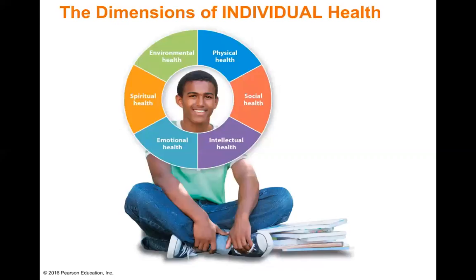How are you handling the ups and downs of life? And spiritual health is about that connection to a higher being or to a purpose that's beyond this world. So spiritual health includes religion, but spiritual health could be someone who likes to meditate or walk and be outside. It can encompass all those things.